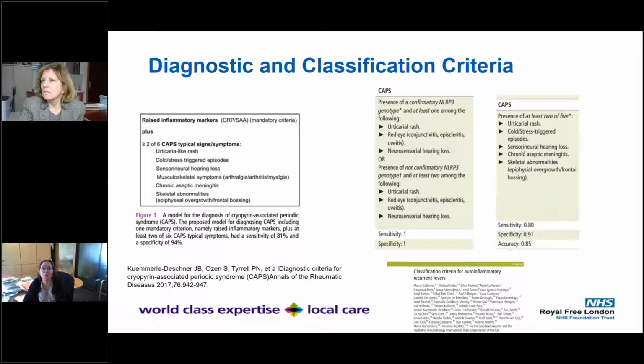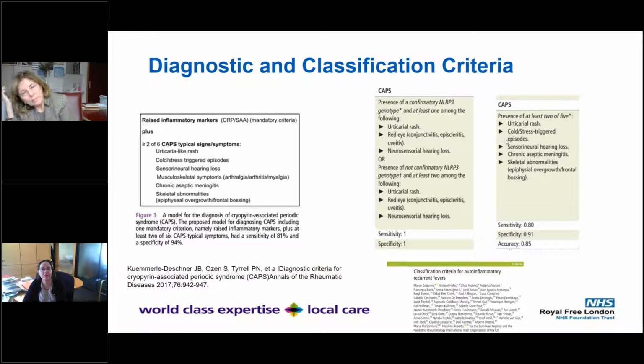When genetic testing is not present, again, at least 2 of rash, cold or stress-induced symptoms, sensorineural hearing loss, chronic aseptic meningitis, and skeletal abnormalities are required, in combination with evidence of inflammation. And these were very, very sensitive in the presence of genetics, and reasonably sensitive and accurate in the absence of genetic testing.